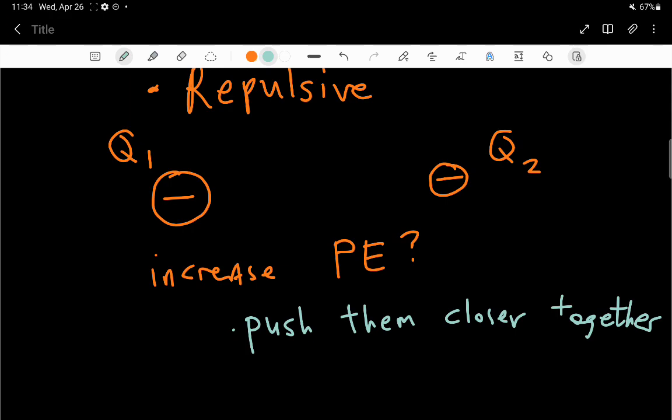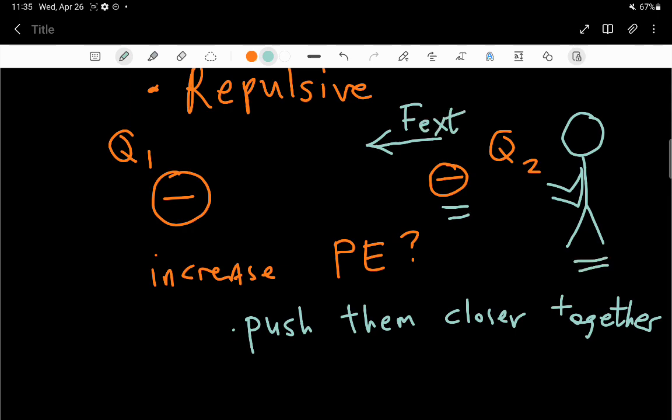So if you were going to consider, say, work done by some external agent or person, you could imagine there's a person on standby ready to walk over and push on this charge with a force this way, right? That's the force exerted by this external person over here, right? And if you're actually pushing them closer together, then the displacement is also towards the left.